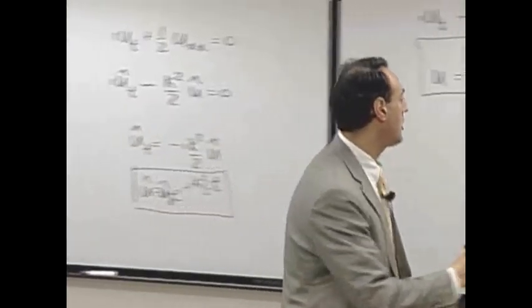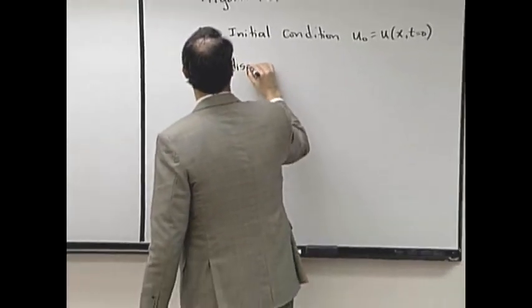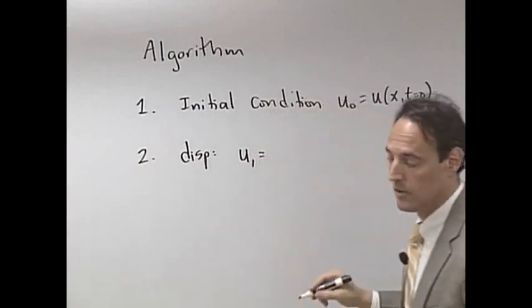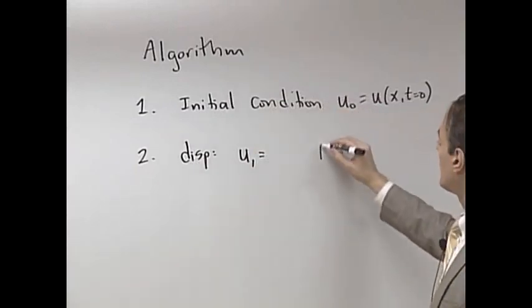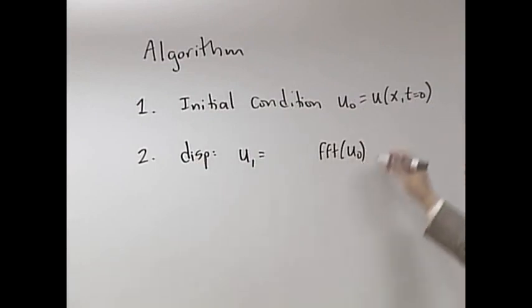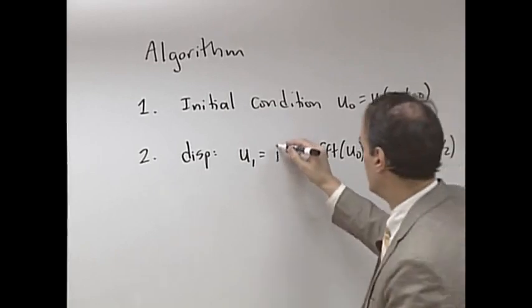So, what we're going to do here is calculate, let's call it the dispersion effect. And it's going to give us a solution u1, which is what we're going to do is we're going to take the FFT of this u naught, multiply it times e to the i k squared delta t over 2, and then just inverse Fourier transform it.